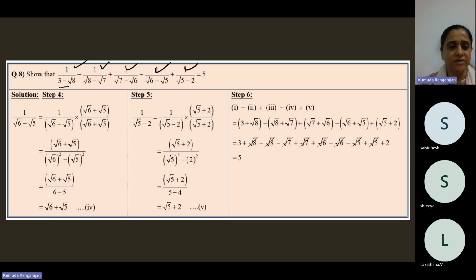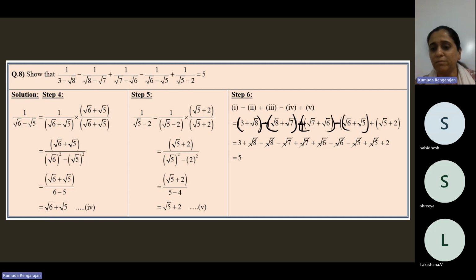So the answer you got in step 1 minus the answer you got in step 2 plus the answer you got in step 3 minus the answer you got in step 4 plus the answer you got in step 5. You can see I've used brackets everywhere.